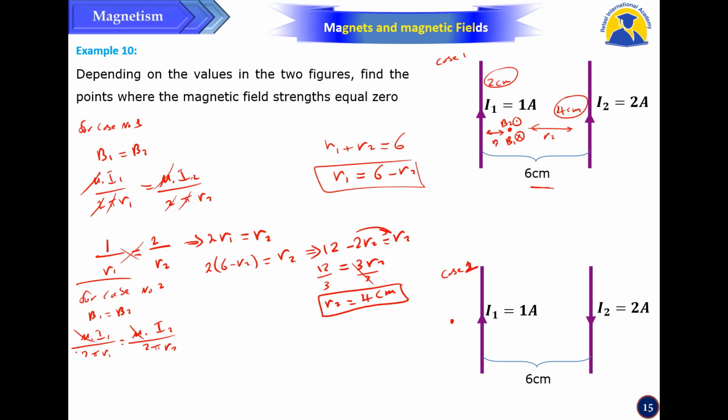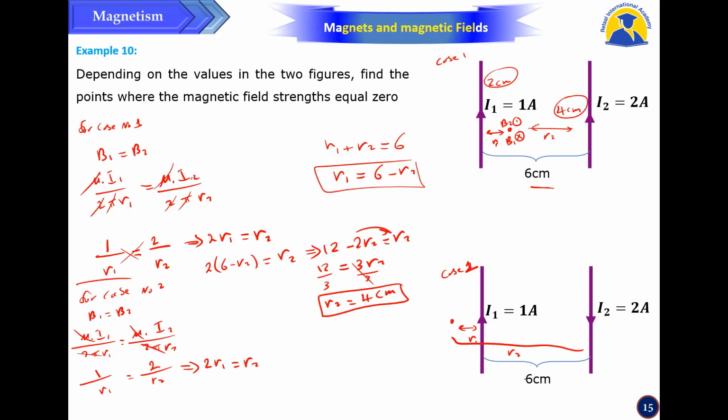Mu 0 with mu 0 cancel, 2 pi with 2 pi cancel. I1, which is 1, divided by R1. R1 is this one. I2 is 2, divided by R2. R2 is this distance. So cross multiply, 2R1 will equal R2.